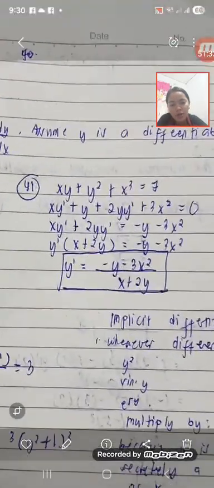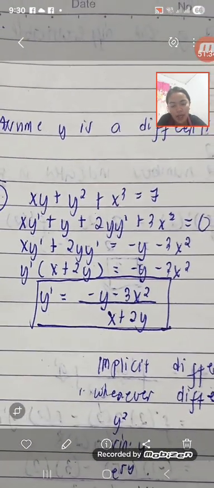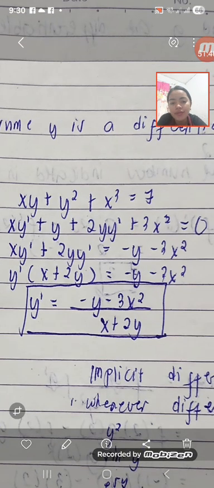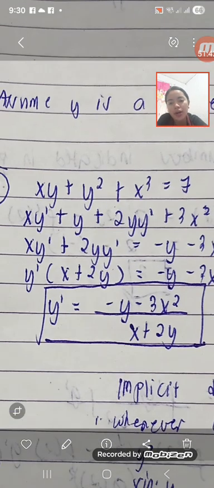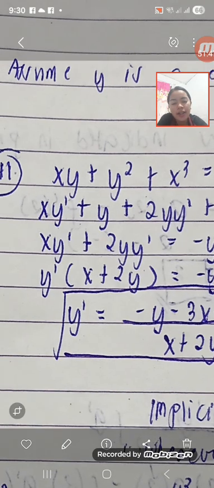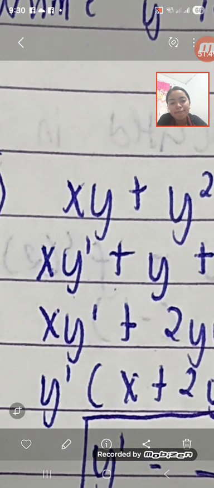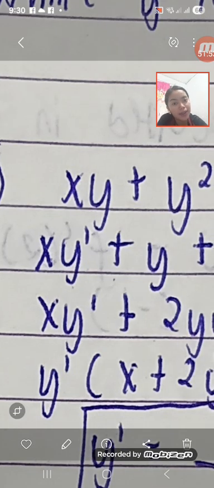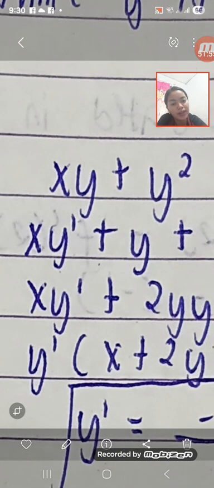The same process goes with this item. You just need to differentiate each term first. Differentiate each term. That's why we come up here with y plus x y prime, because this is a product rule. We just need to use the product rule with that.